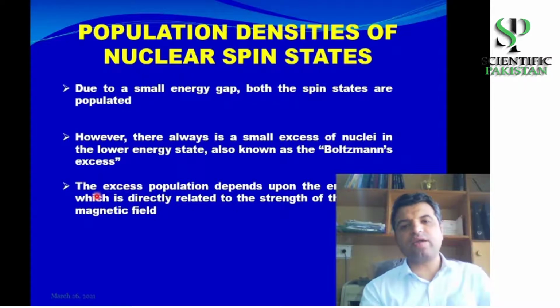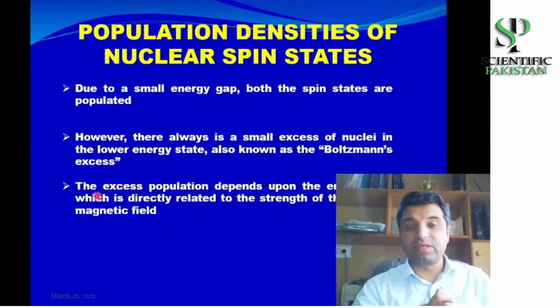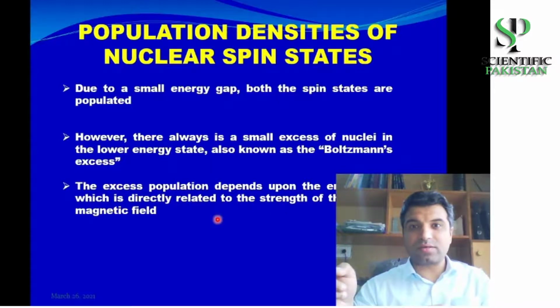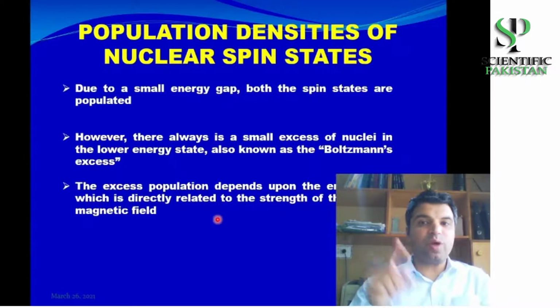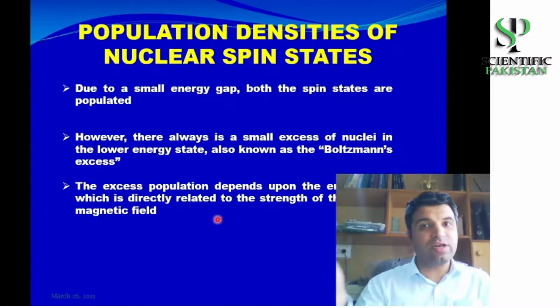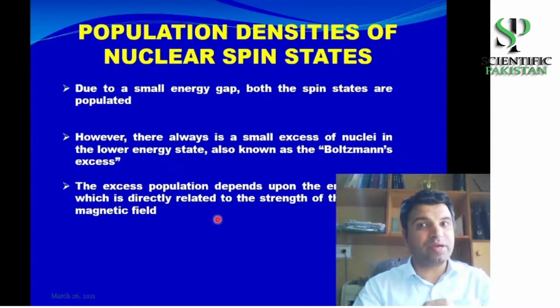But if you increase the energy gap, how can you increase the energy gap? You remember? Yes, by increasing B naught, because del E is directly proportional to B naught, which also means that the difference of population between alpha and beta states is also directly related to the strength of the applied magnetic field.